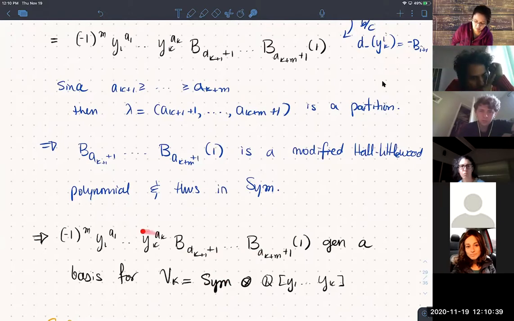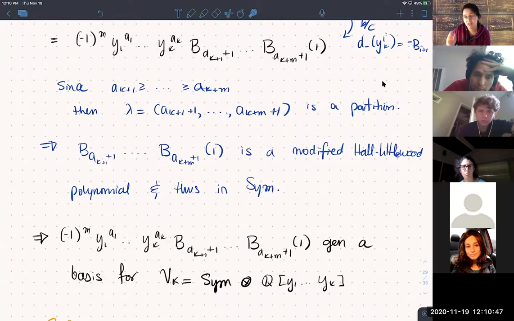And then this is just a monomial in Y's, any monomial, because we have no conditions on A1 through AK, right? We only have conditions on AK+1 through AK+M. So the fact that these are free means you're just taking a Hall-Littlewood polynomial, multiplying it by whatever monomial in Y's you want. That's exactly a basis for the VKs.